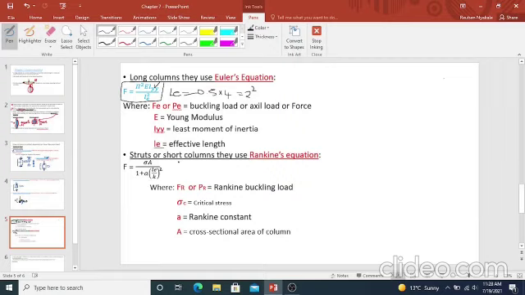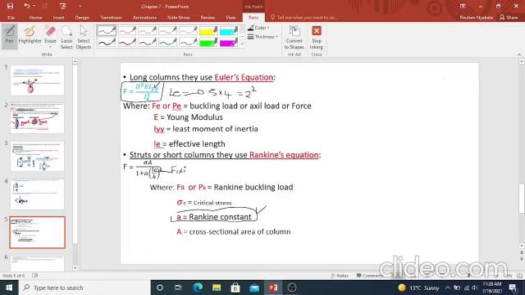Now the strut or short column, the Rankine formula: what will indicate that you have to use the Rankine formula is the Rankine constant ratio. If you are given the equation, this will indicate that you have to use the formula of Rankine. But please, on your LE, whether it's Rankine or Euler, it depends on the fixing of the beam.